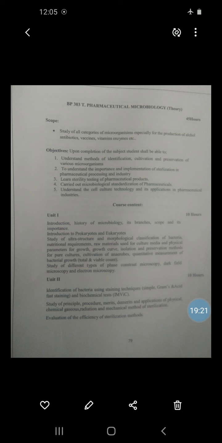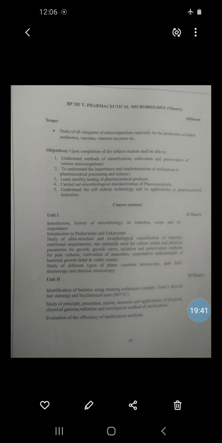Next, the applications. First application, this method is useful for sterilization of thermolabile materials, for example, rubber and plastic.